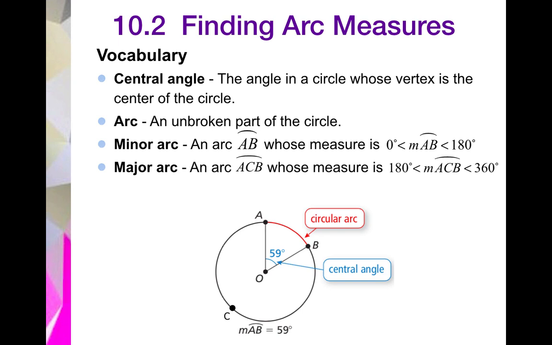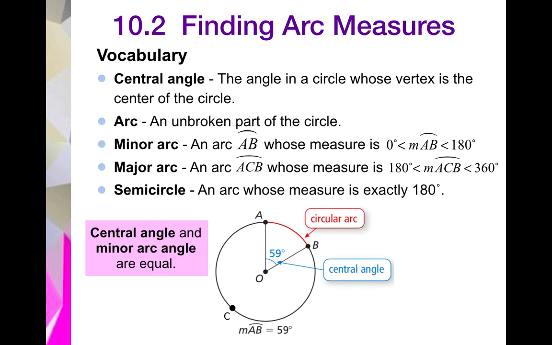Now, if I want to talk about the major arc, then I have to specify a point in the center, which I'll use C. So A to C to B is a major arc, and major arcs are always greater than 180 degrees. A semicircle is an arc whose measure is exactly 180 degrees.